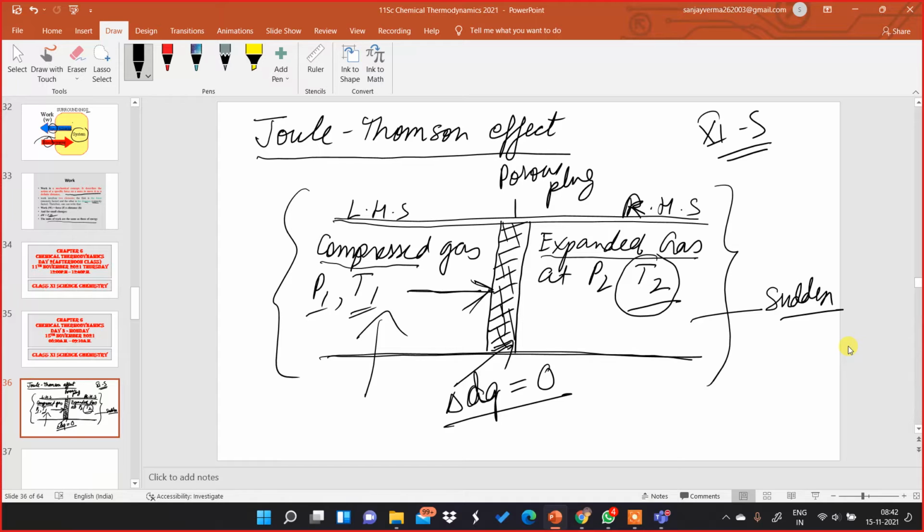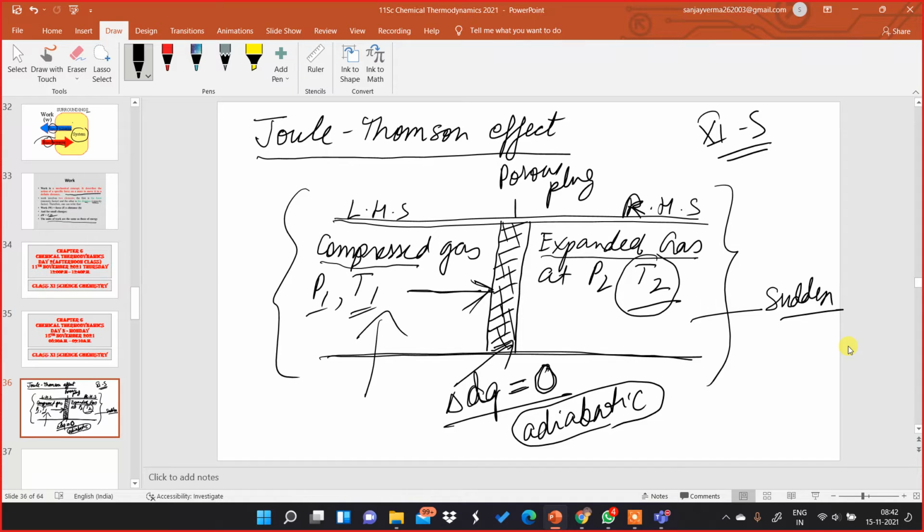This happens under adiabatic conditions, which means the heat change is zero. This is one thing you have to remember. Only the meaning of the Joule-Thomson effect.